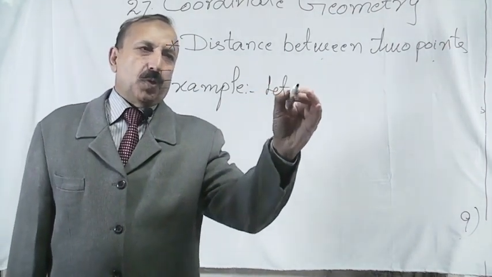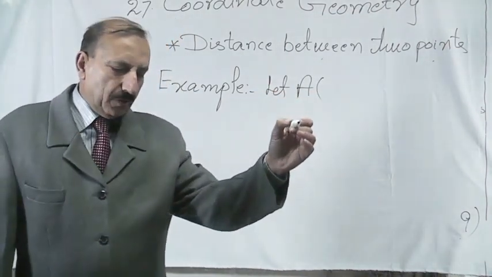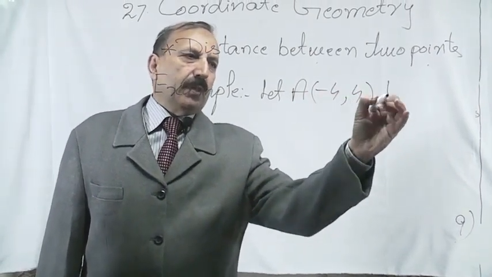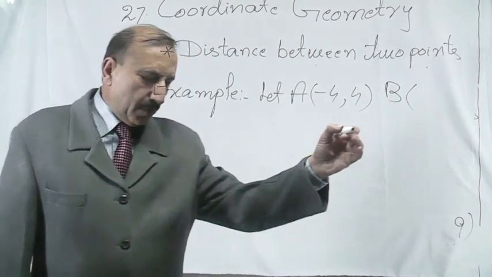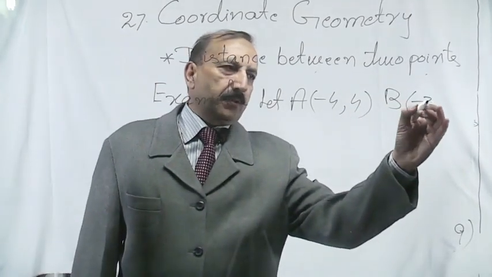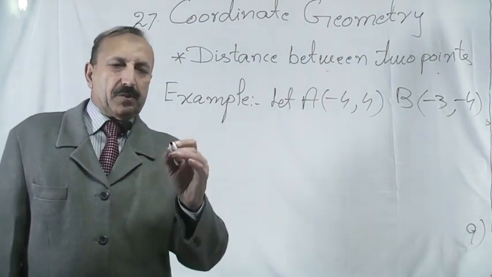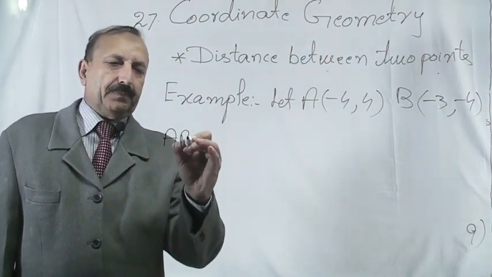Let point A contain coordinates -4 and 4, and point B has coordinates -3, -4. For example, how can we find this distance AB?